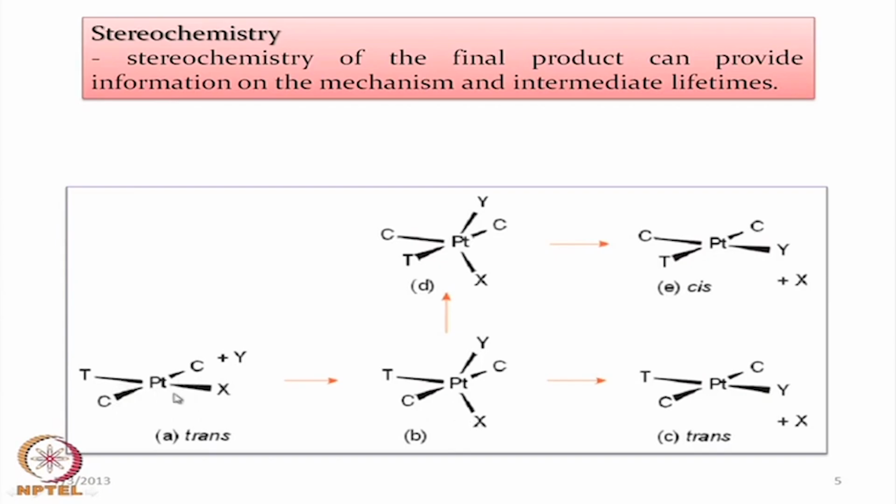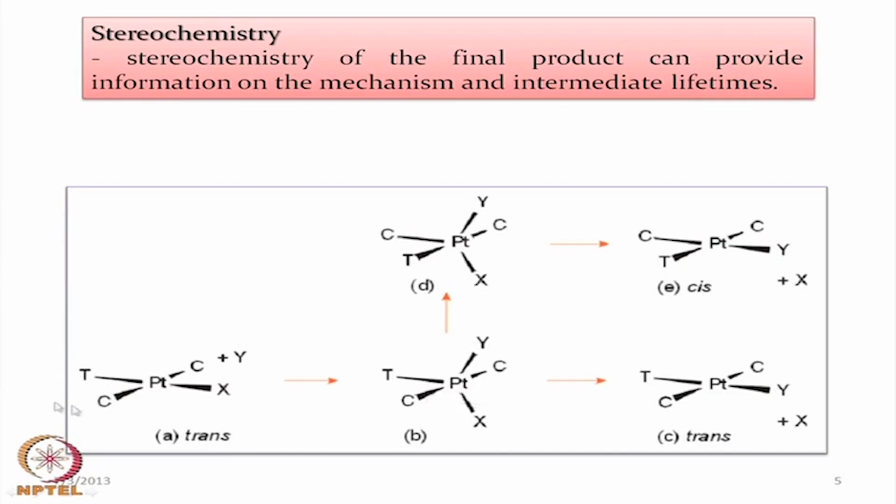Then this square planar geometry can have some effect, that means whether it can retain the corresponding trans geometry or invert to its corresponding cis geometry. So, the typical arrangement, that means the stability of the intermediate, determines how this reaction is proceeding.